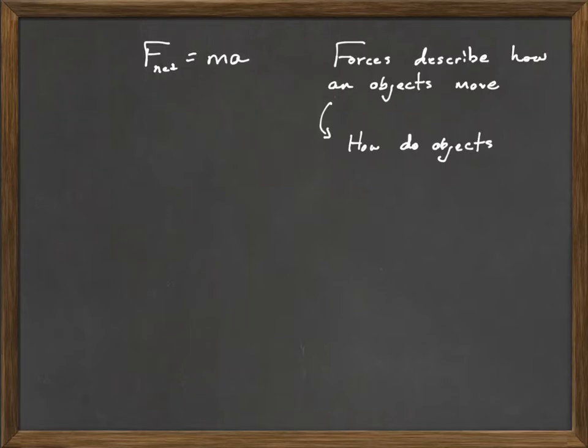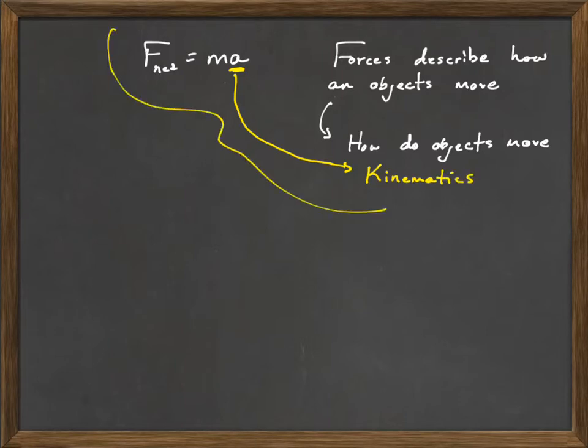We're taking forces and using that to find an acceleration, and then once we know acceleration, that leads us into kinematics. All of this together represents a field in physics that we simply call dynamics.